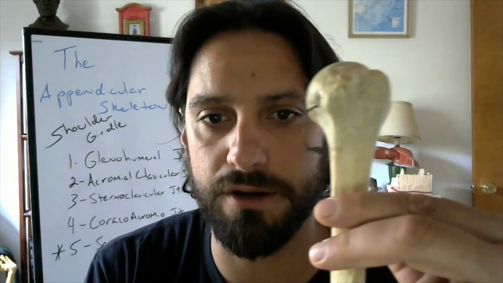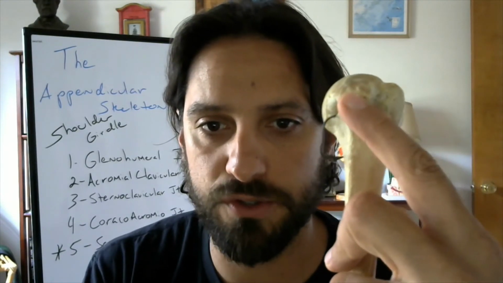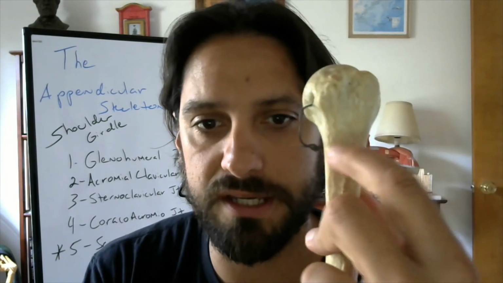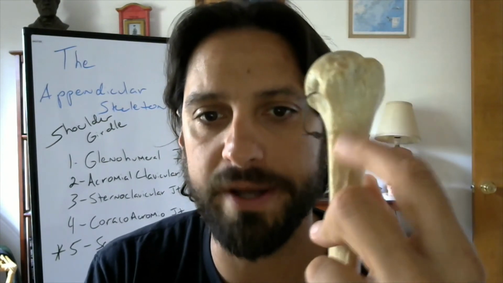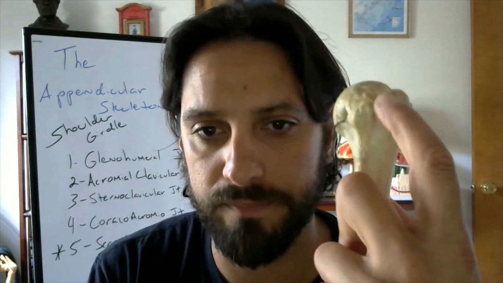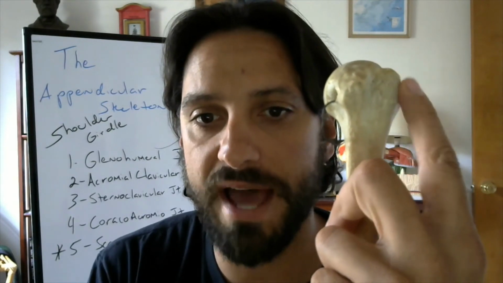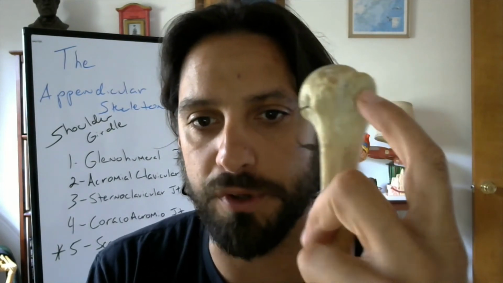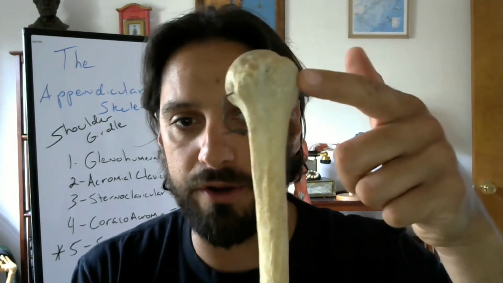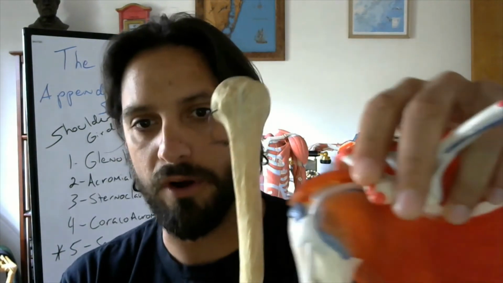So anteriorly, we have the lesser tubercle and the bicipital groove, also known as the intertubercular groove. It's called the bicipital groove because the long head of the biceps muscle goes through there. Then the most lateral is the greater tubercle, a really important landmark for all of the muscles that attach onto it.